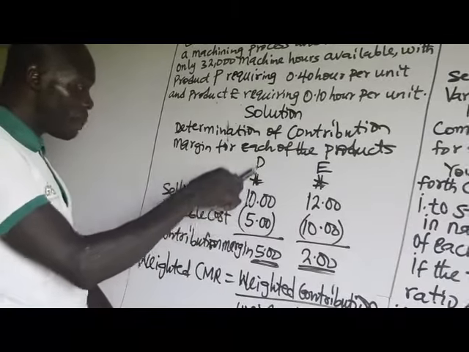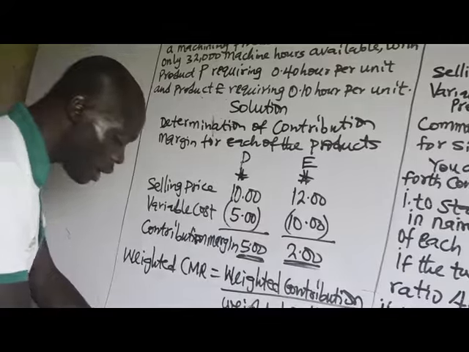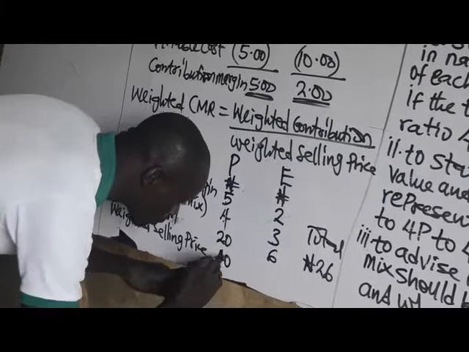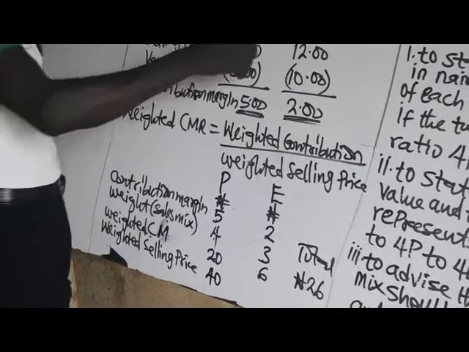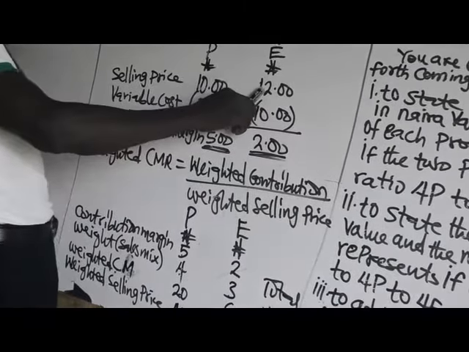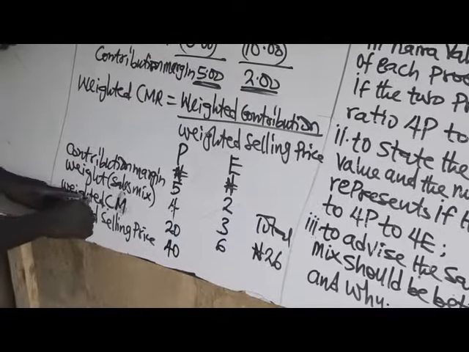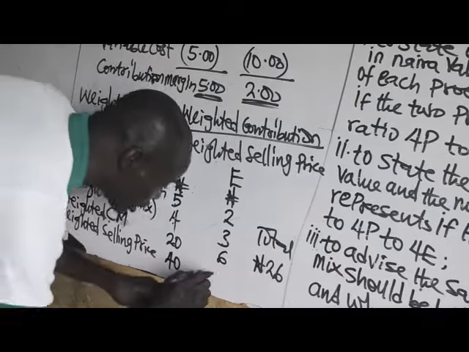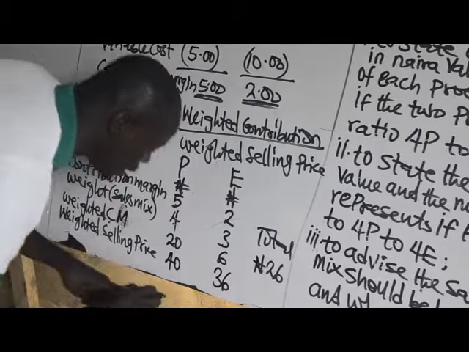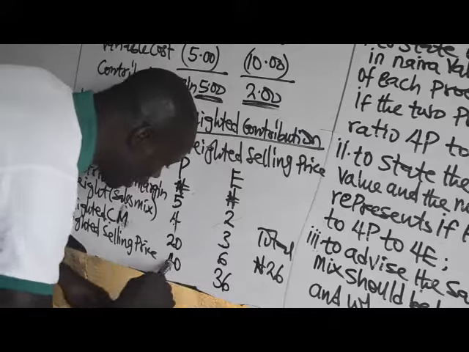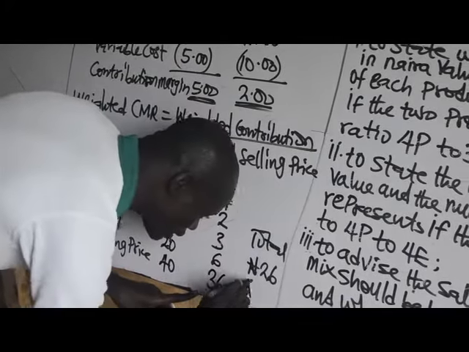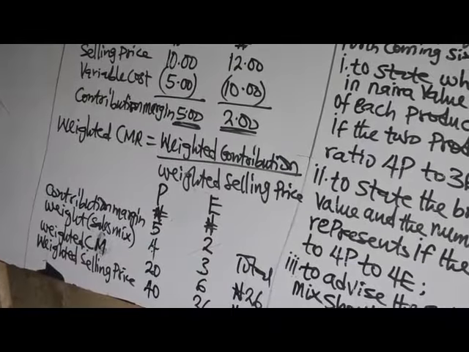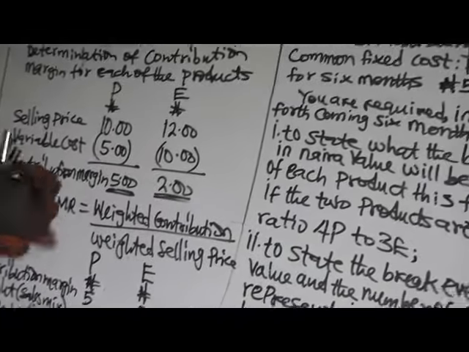Therefore, 10 times 4 gives us 40 Naira. Then for product E, the selling price is 12 Naira, while the weight, that is your sales mix, is 3. So 12 times 3 gives us 36. We now sum it up. 40 plus 36 gives us 76. That is the weighted selling price.